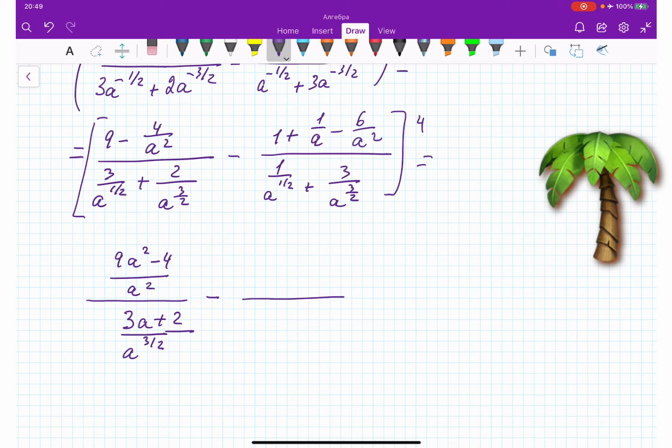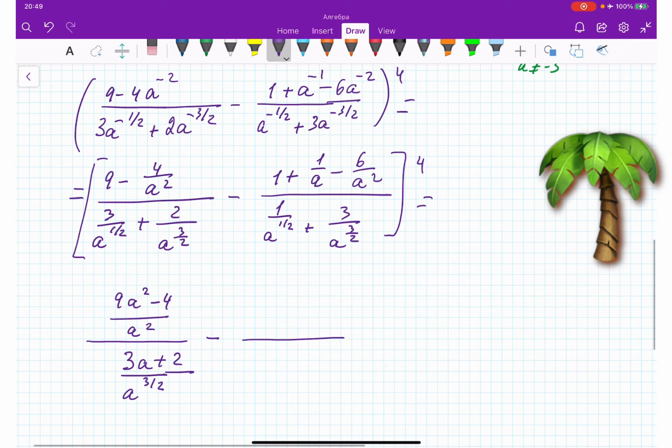Here we are going to bring to common denominator. Let me write down here real quick, a squared times a squared, so we got the same denominator. Here the common denominator is going to be a squared, which means we multiply by a squared.